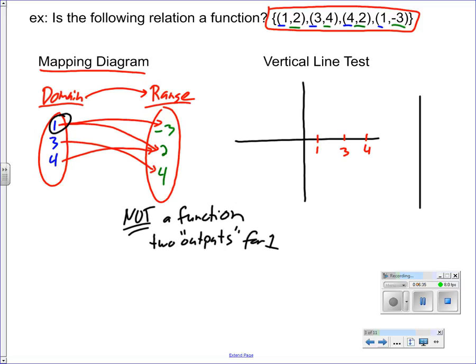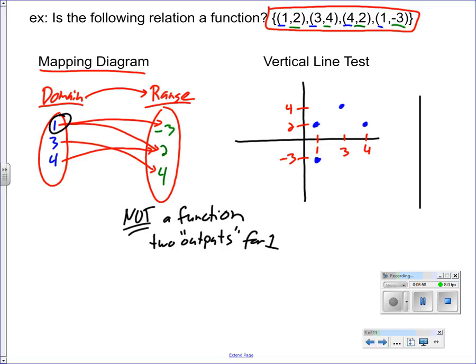For my range, I have 2, 4, -3. Then I can graph all these points and use the vertical line test. So 1, 2 is the first point, then 3, 4, 4, 2, and then 1, -3.